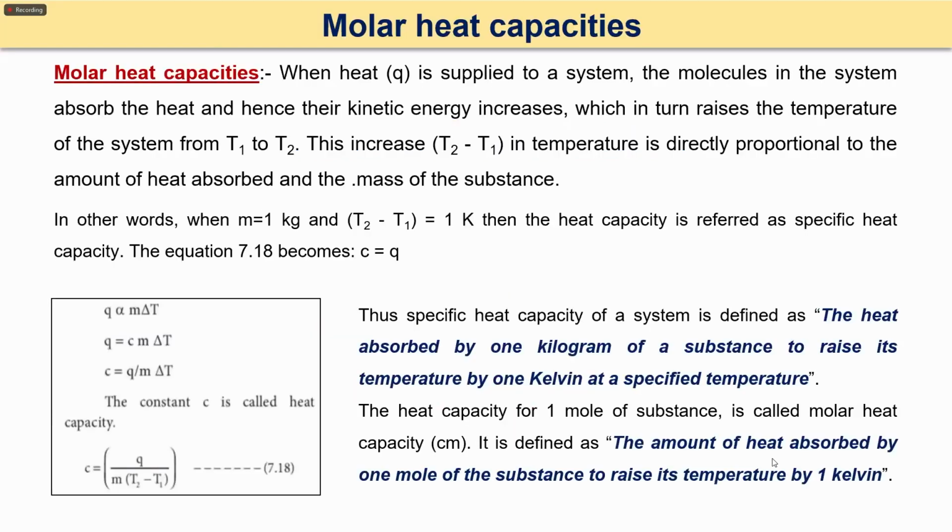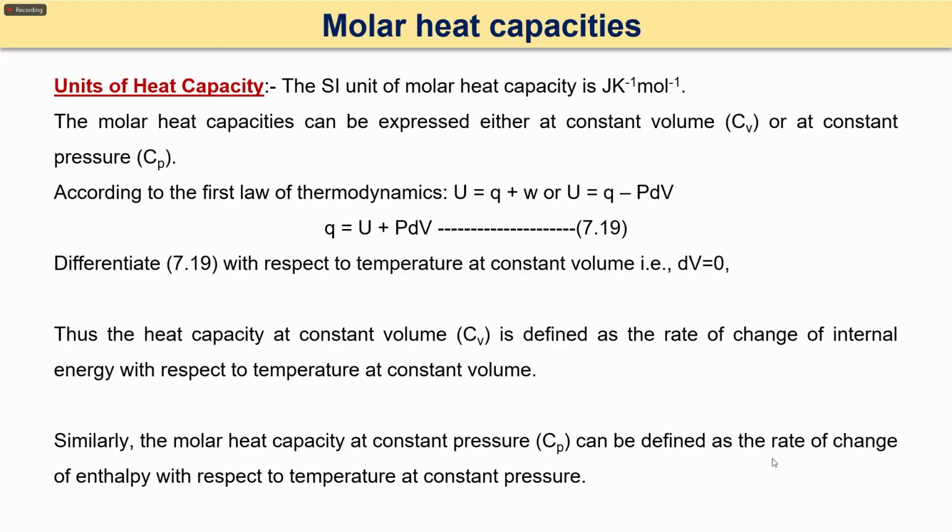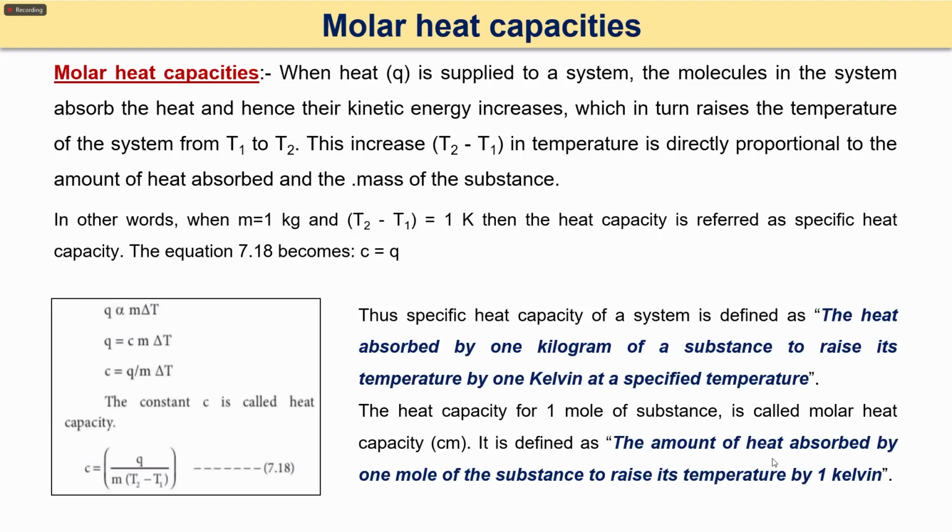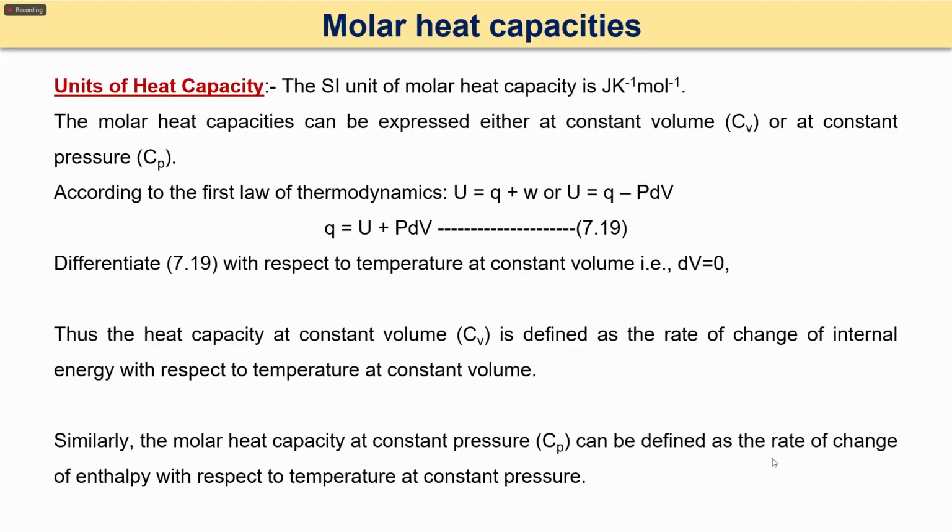So in this lecture, I will talk about the heat capacity, what is molar heat capacity, then what is heat capacity at constant volume, and then we will read about what is heat capacity at constant pressure. This will be very easy for you because I have already told these things.